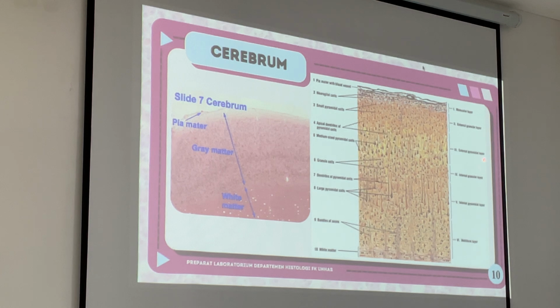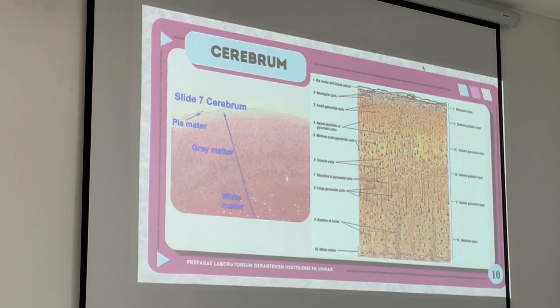Okay, and then the next layer is the external pyramidal layer. In this layer, we can see astrocyte cells, but mostly we can see the pyramidal cells, which are actually multipolar neurons shaped like a triangle.